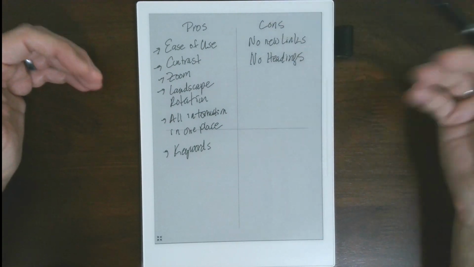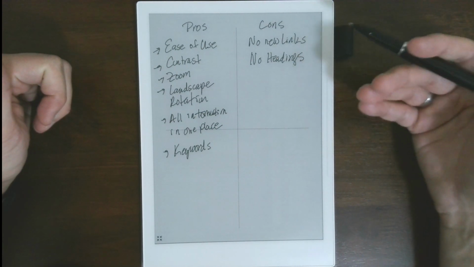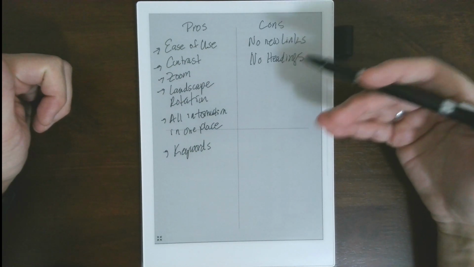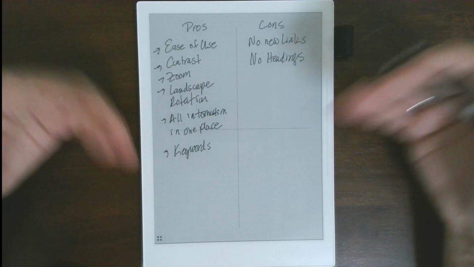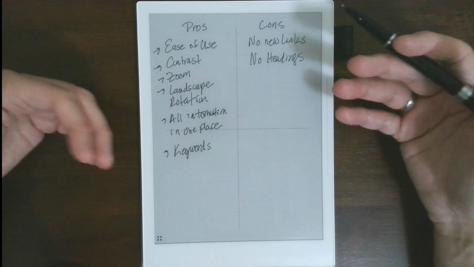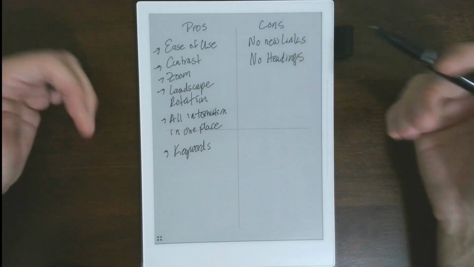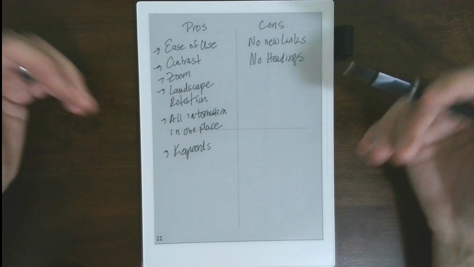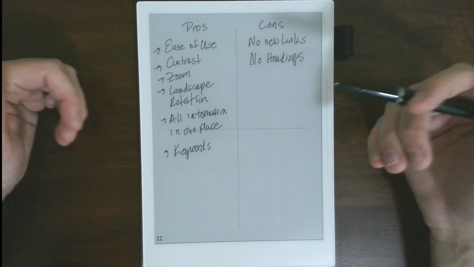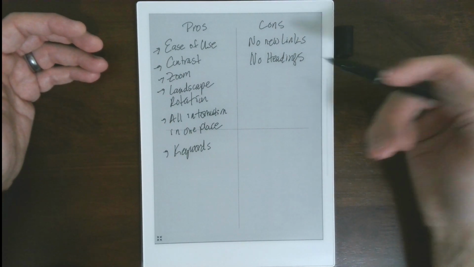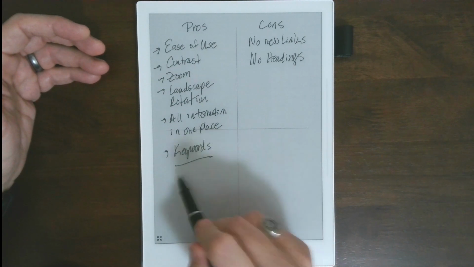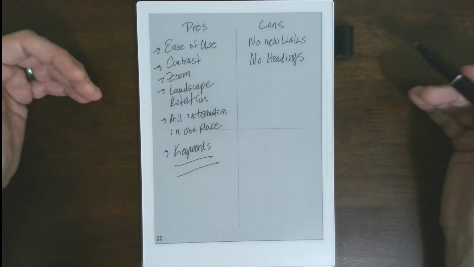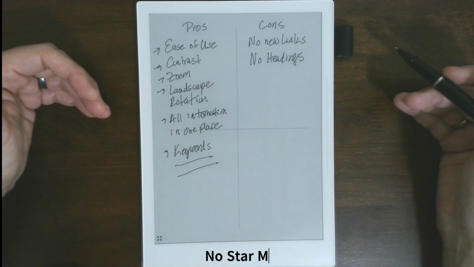Now, again, that's not a huge deal when it comes to this particular functionality because these are hyperlinked. So unless you're looking for a specific term or a specific item, it's not something you're going to make use of. For that, you can use this keyword functionality, and that'll work very well.